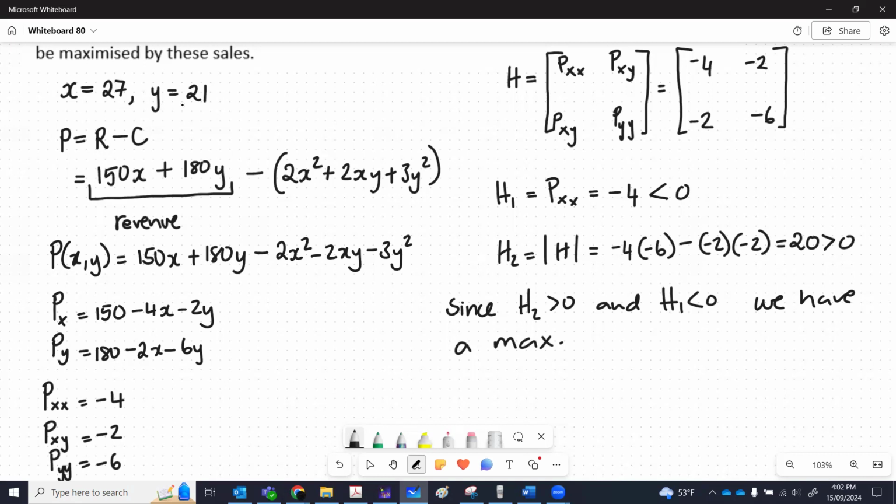And it'd be a good exercise for you to try it. Try combinations of t-shirts and shorts and then work out the profit. You will see that the profit you get will be maximum when you have these two values over here.